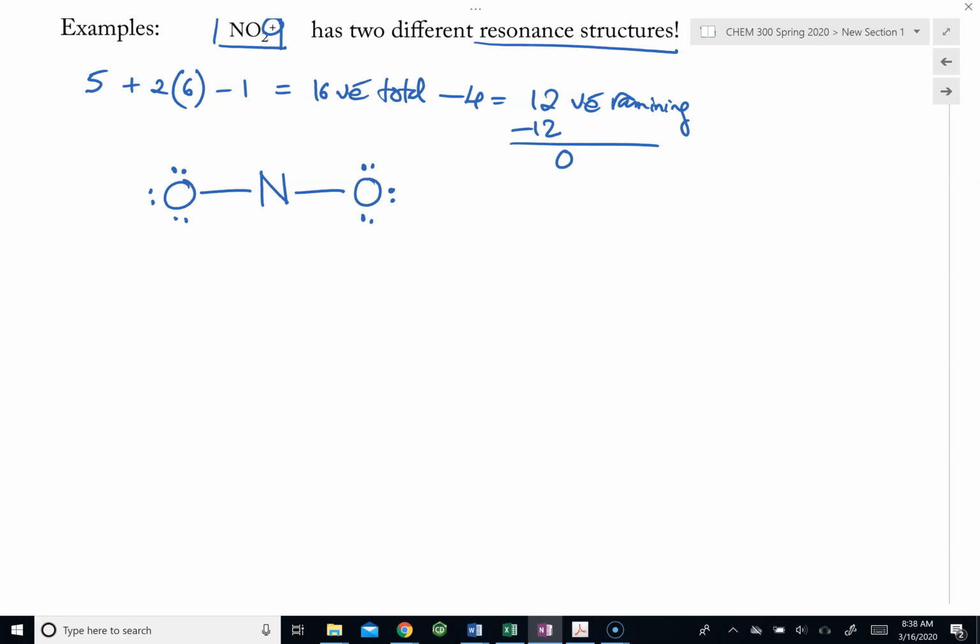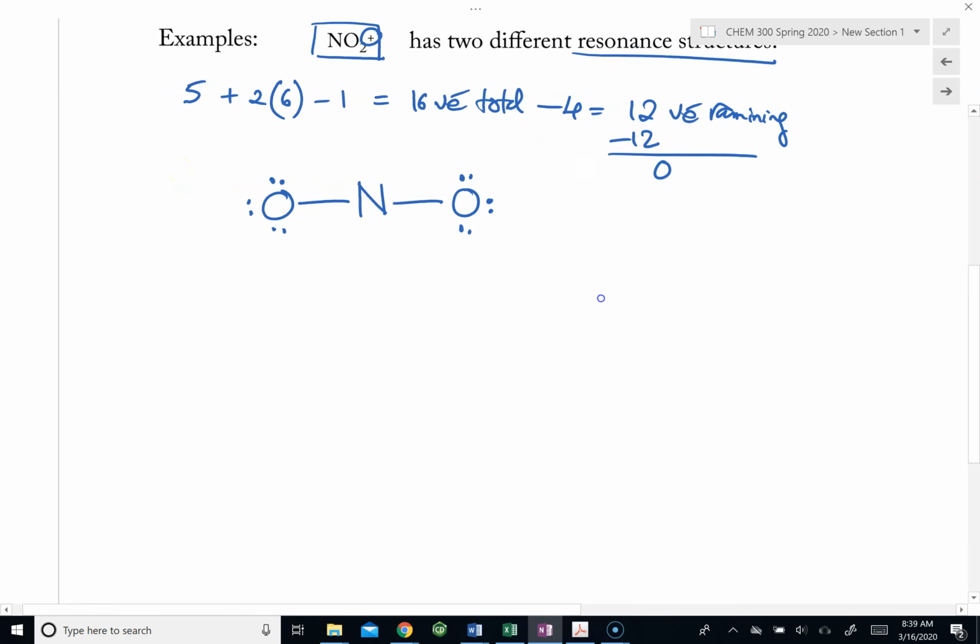And therefore, we may have different ways of doing that. One way is by taking both pairs of electrons from the same oxygen and moving them to the nitrogen. Or the other way would be taking 1 pair from this oxygen and the other pair from the other oxygen. So now let's draw them both.